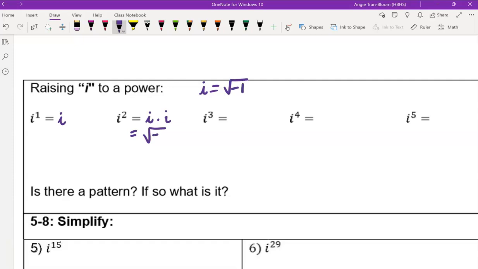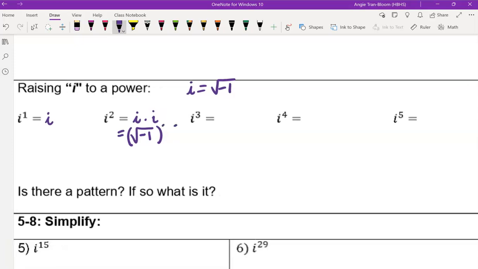So i times i, we can look at it as square root of negative 1, squared. So we can get rid of the square root. So i squared equals negative 1. So i to the first is i, nothing we can do about it. i squared is negative 1.